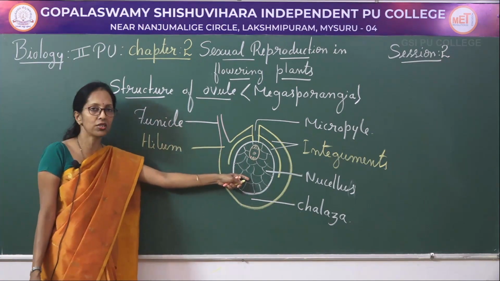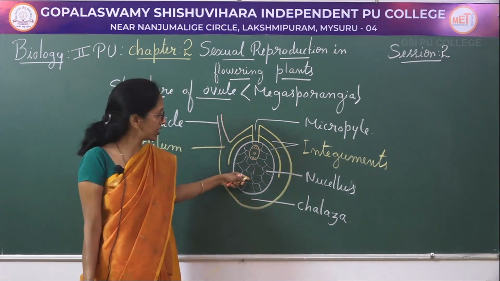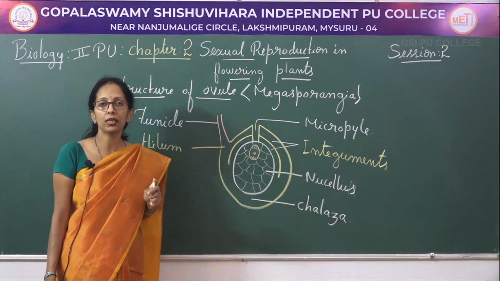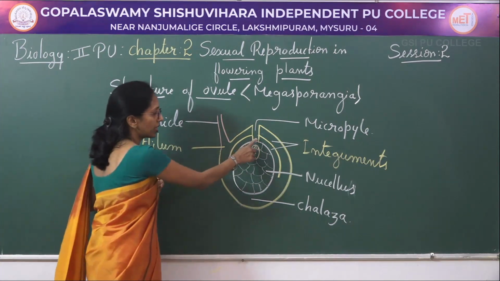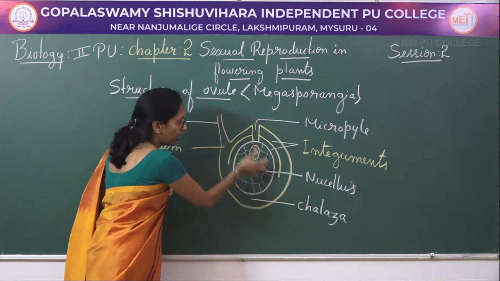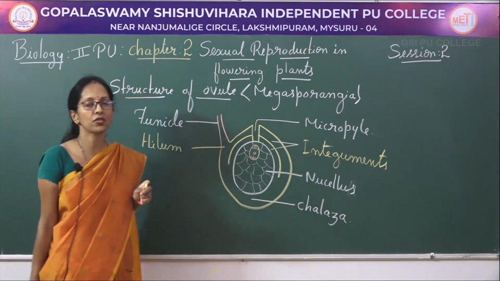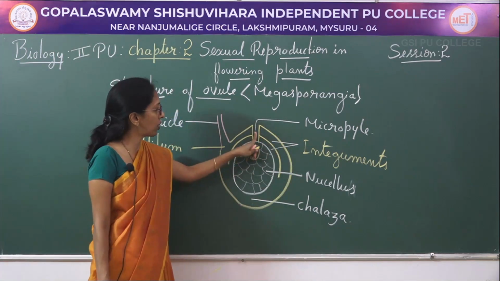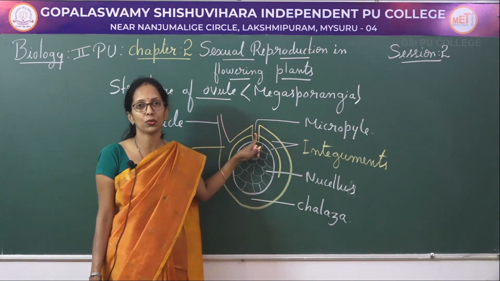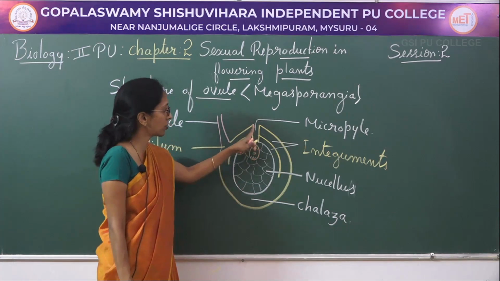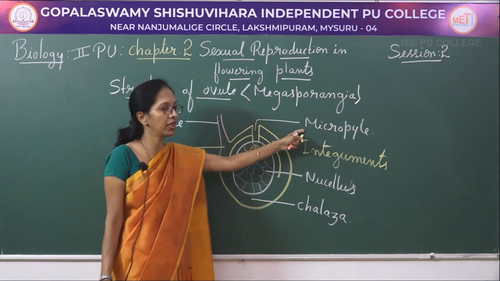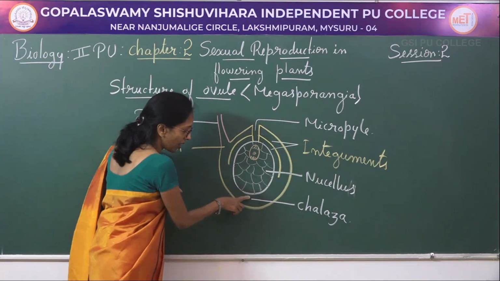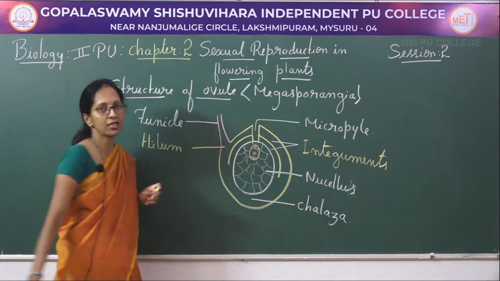The main mass of tissue present within the ovule is said to be nucellus, and the nucellus is covered by two layers, the integuments. These integuments do not cover the nucellus completely, so that it leaves a small passage or a gap, and this is said to be micropyle. And the basal part of the nucellus is said to be chalaza.